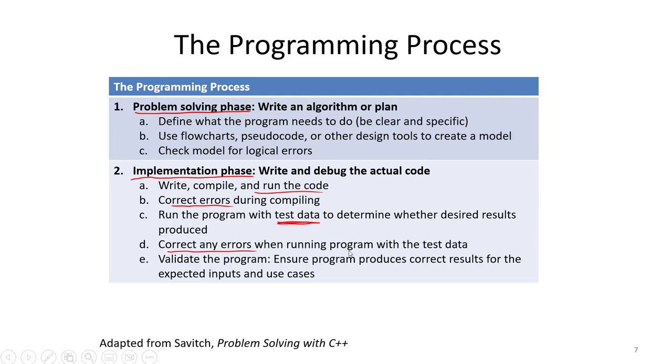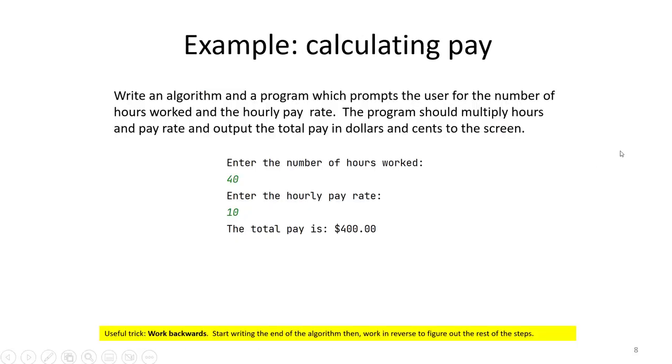So let's take a look at an example, just a simple one. Suppose we wanted to write an algorithm and a program which calculates pay. So we're asked to write an algorithm and a program which prompts the user for number of hours worked and hourly pay rate.